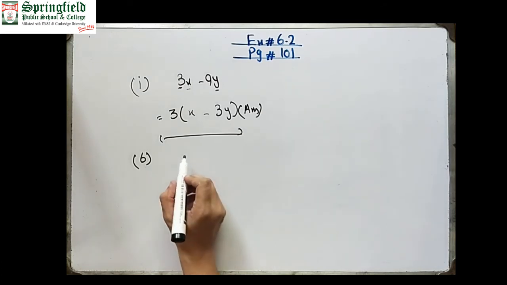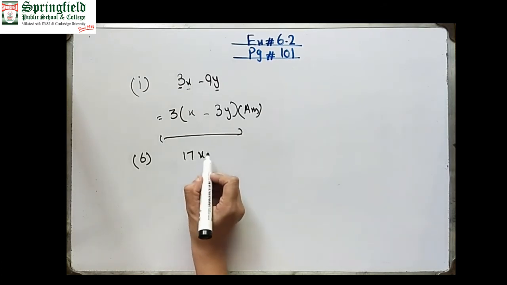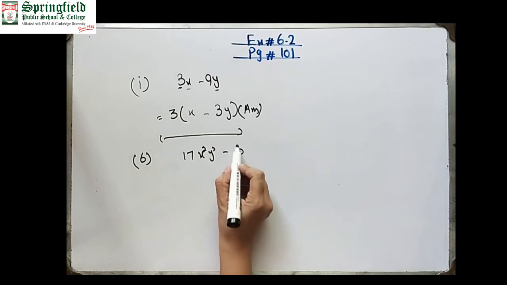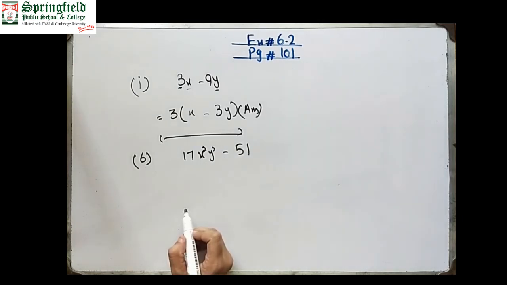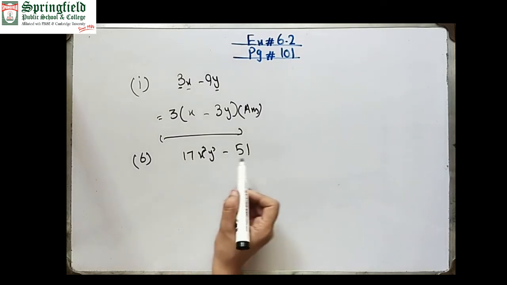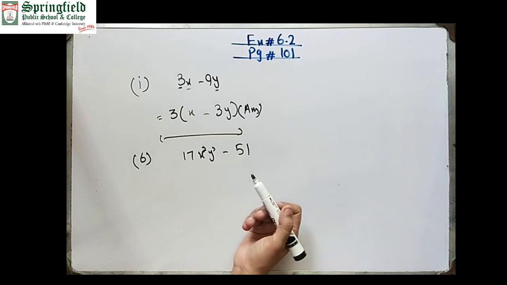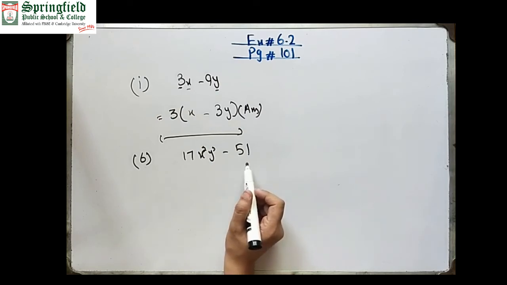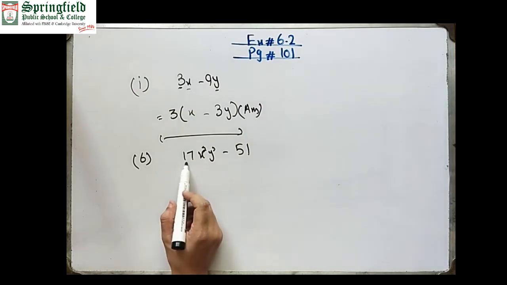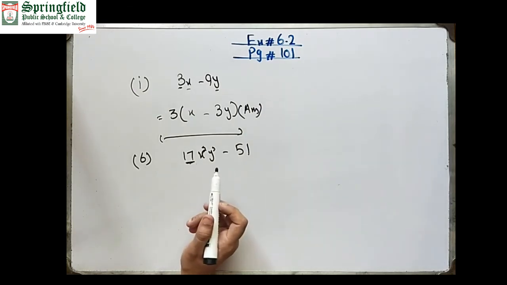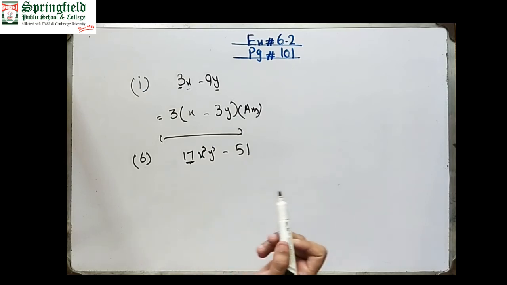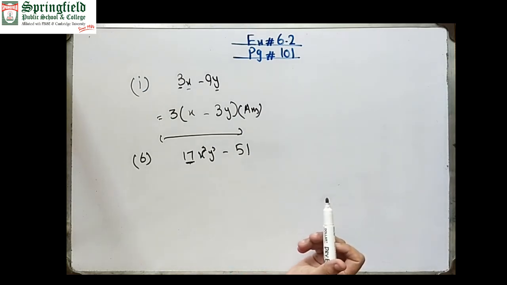Okay, now come to part 6. Part 6 is 17x square y square minus 51. Fine. Okay, x square y square and 51 have no common variables. So what will we do in this type of situation? Beta, 17 is an odd number, and 17 comes in the table of 1 and 17 only.